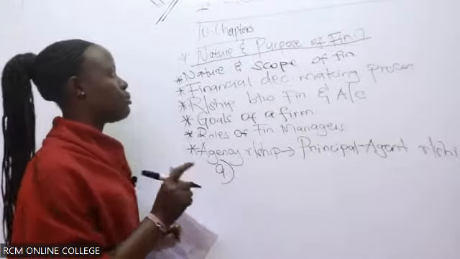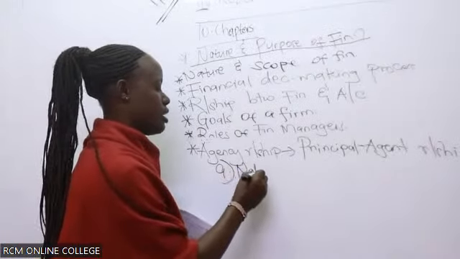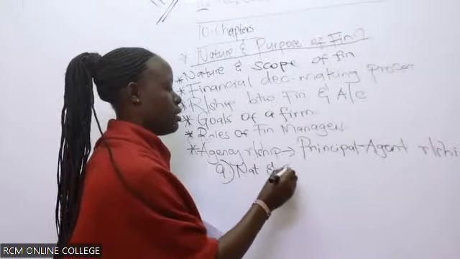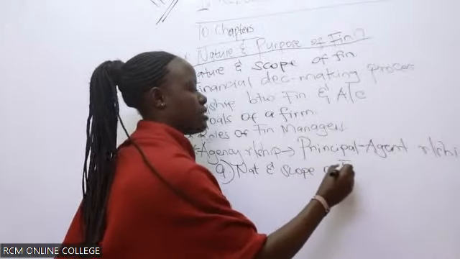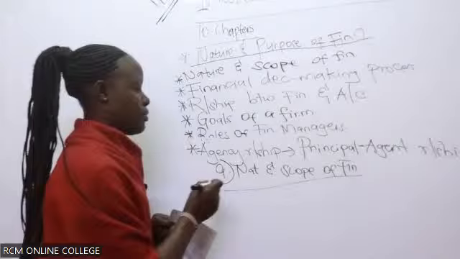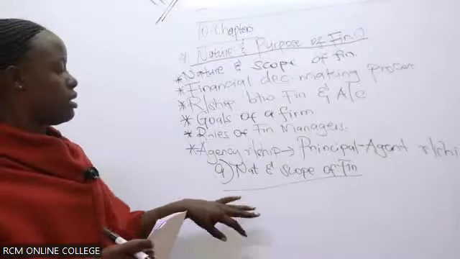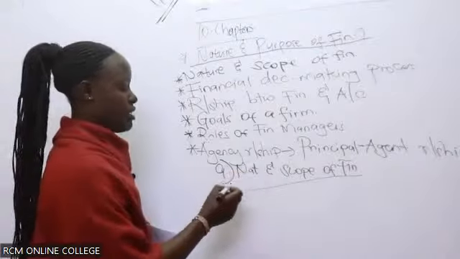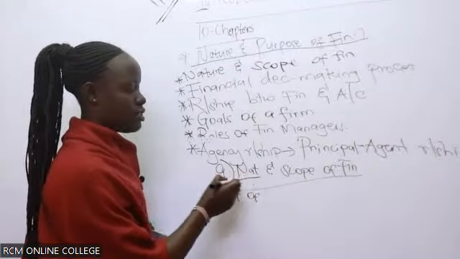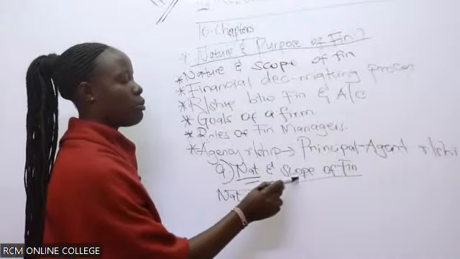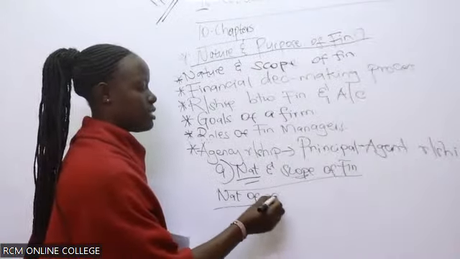Our first subtopic on nature and purpose of finance, we look at the nature and scope of finance. When we are first told to look at the nature of finance, let's handle the nature of finance, then we look at the scope of finance. Now let's start with the nature of finance.